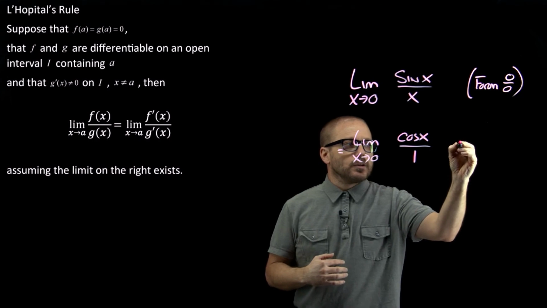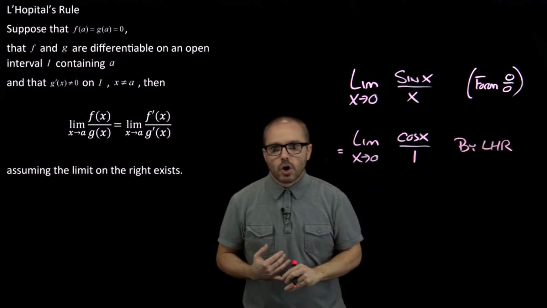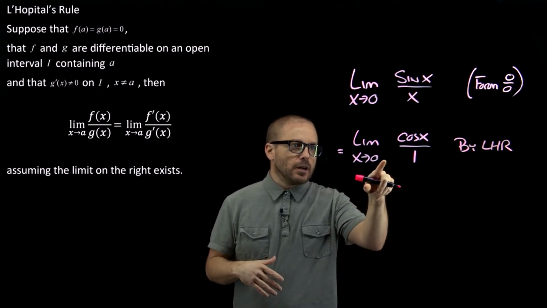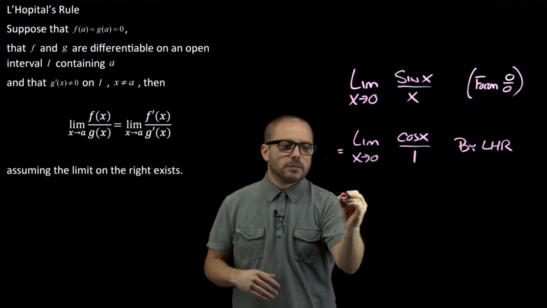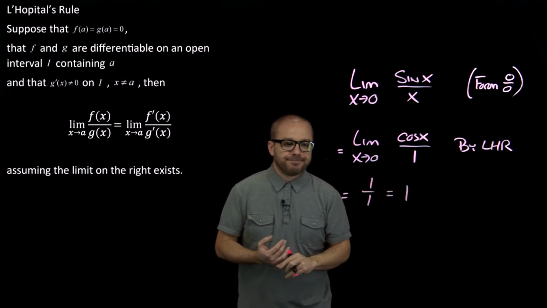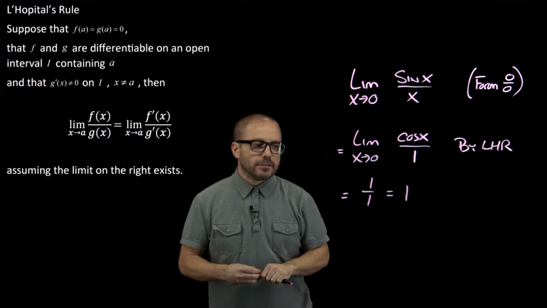So whenever you use L'Hopital's rule, I'd like you to quote it, and you can just say by LHR there. Now look at this. This is no longer indeterminate. As x approaches 0, cosine approaches 1. So that limit is just 1, which is the limit that we determined in Calc 1 for that.